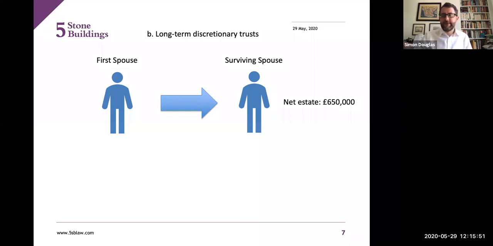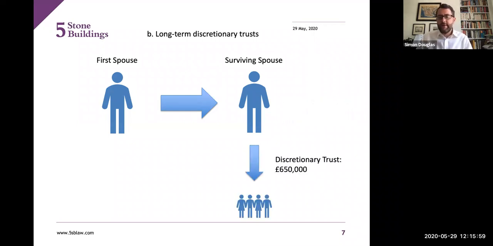And we'll ignore, just for the time being, the residence nil rate band. So the surviving spouse, on their death, sets up a discretionary trust for their grandchildren and remoter issue for the sum of £650,000. Now that sum is precisely within the combined nil rate band allowance. So that means that on the surviving spouse's death, there will be no inheritance tax to pay.